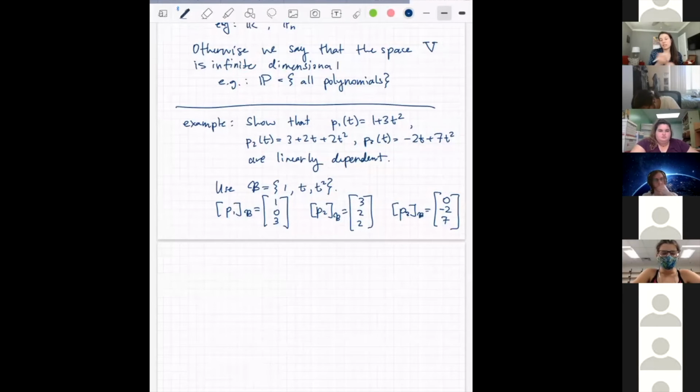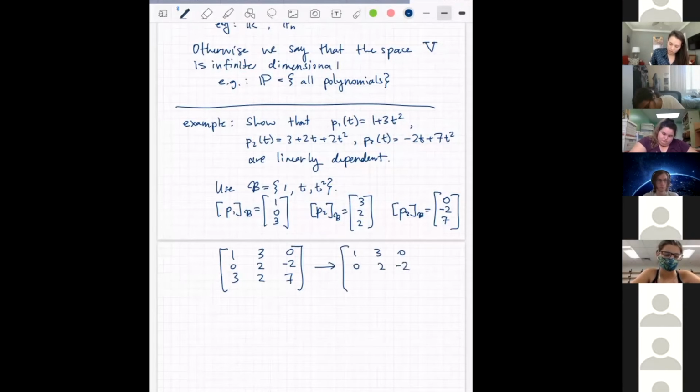Okay. And then how we decide whether or not these are linearly dependent is we just put them into a matrix and row reduce, right? So when we do this, we do row 3 minus 3 times row 1, and we'll get 3, 2, 7.